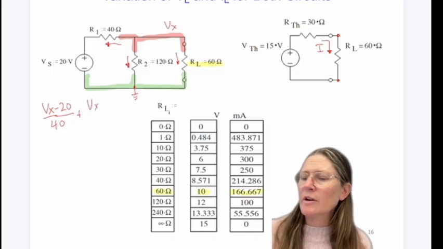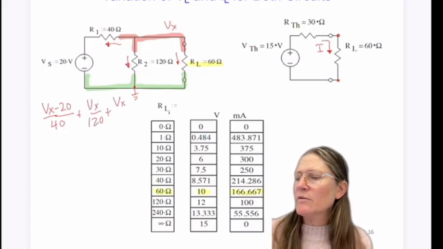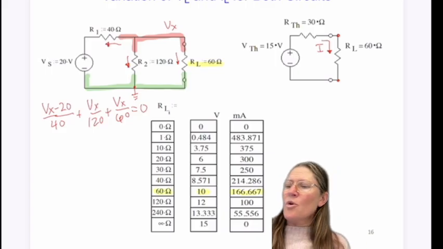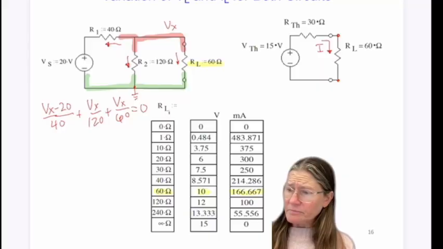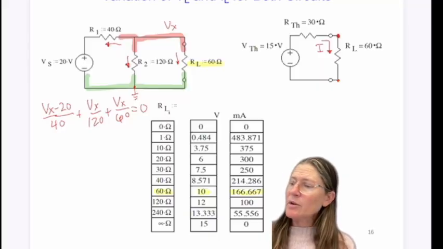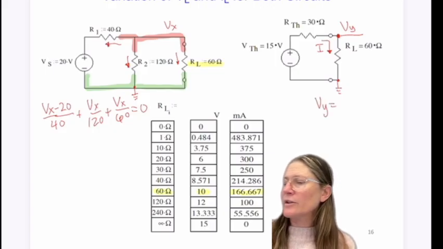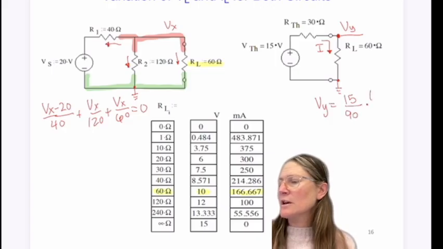So this would be Vx over 120, Vx over 60. Or here, it's a little bit easier, the node here is going to be, call it Vy, and ground. So current going in is going to equal current going out, or I can just say that Vy is the current, which is 15 over 90 times 60.